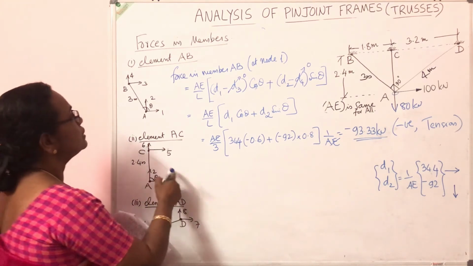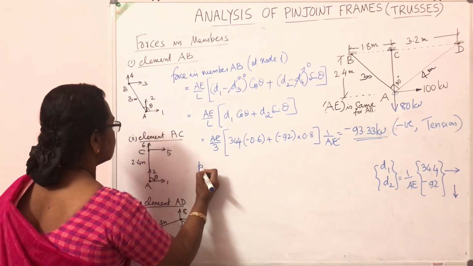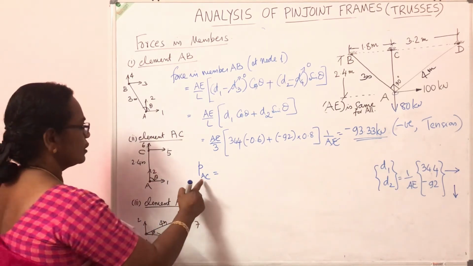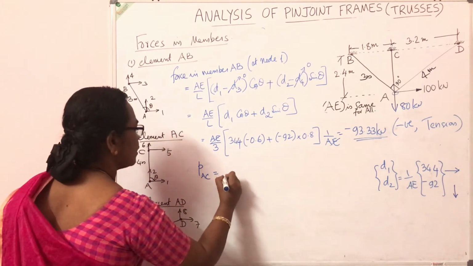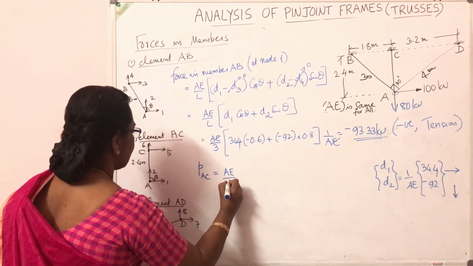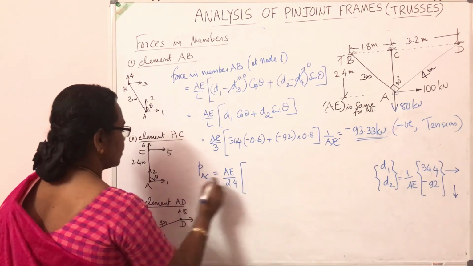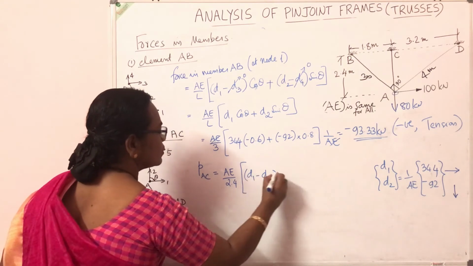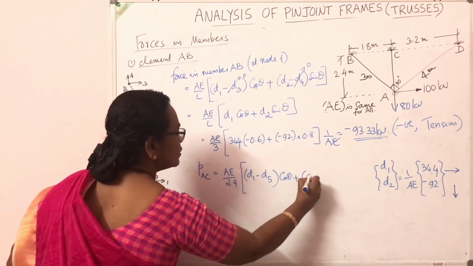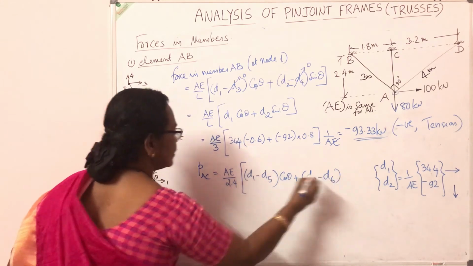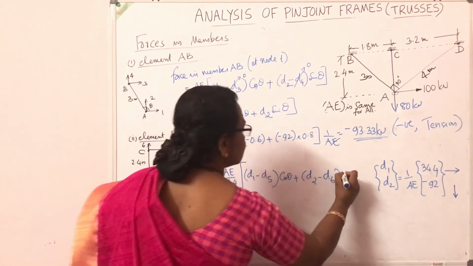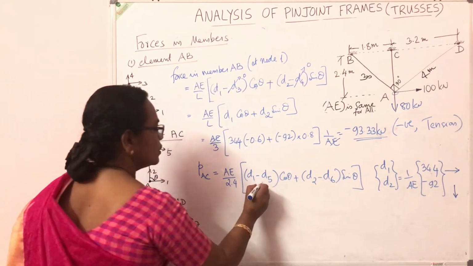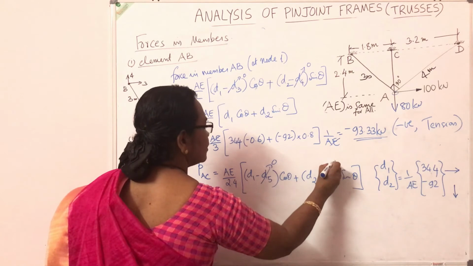Now coming to the second element, force in member AC. Force in element AC will be AE by L, AE by L is 2.4, into D1 minus D5 cos theta plus D2 minus D6 sin theta. Here also D5 is 0, D6 is 0.